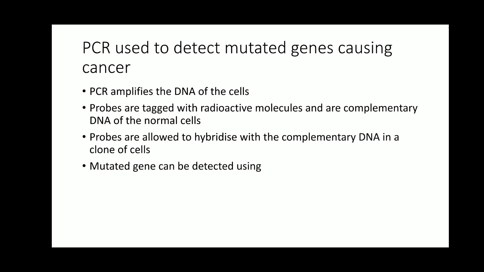Not only the PCR reaction detects the mutated gene; after the PCR reaction, there are certain steps that detect the mutated gene. The first step is that we take DNA, the genetic material, out of the blood plasma cells, and this is purified.